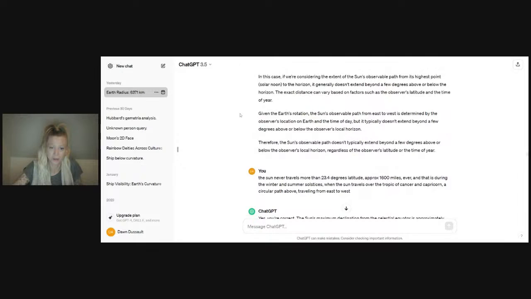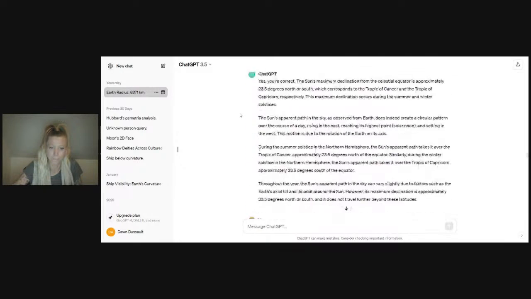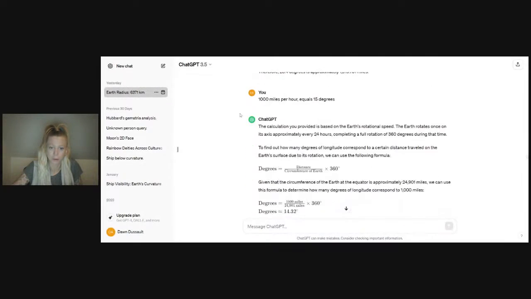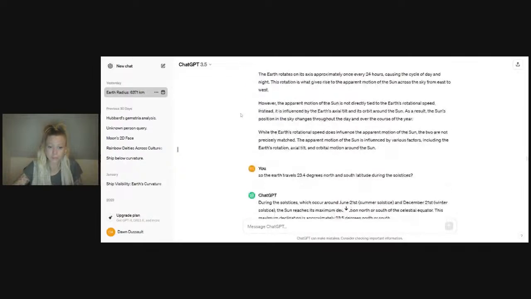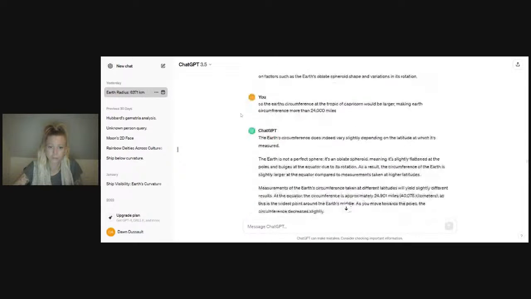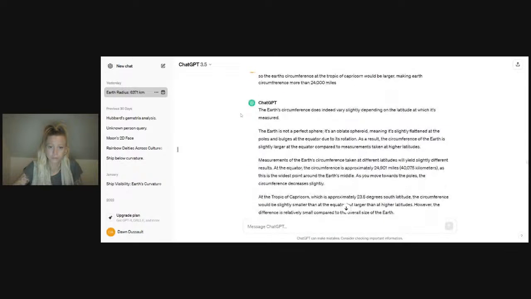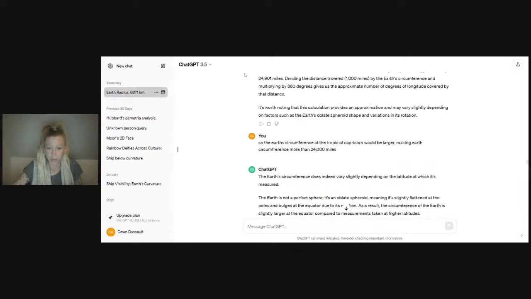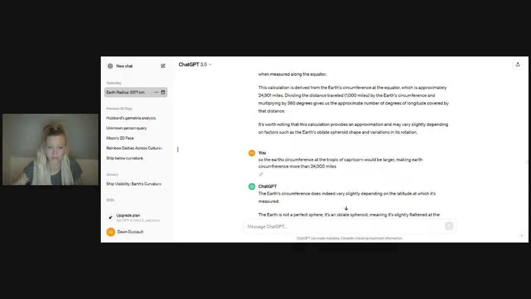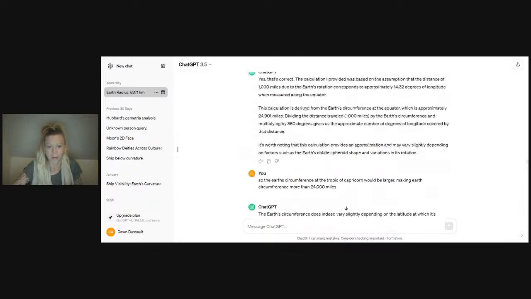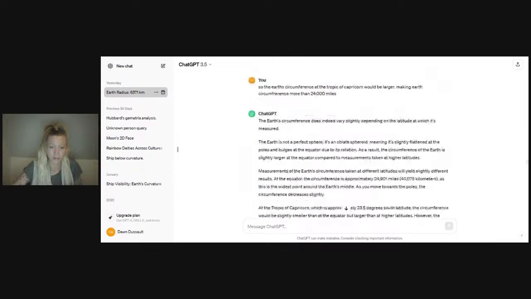So you still did not answer. And then so the Earth's circumference at the Tropic of Capricorn would be larger, making Earth's circumference more than 24,000 miles. I'm getting now more into the distances.